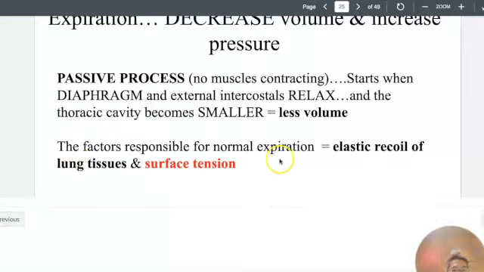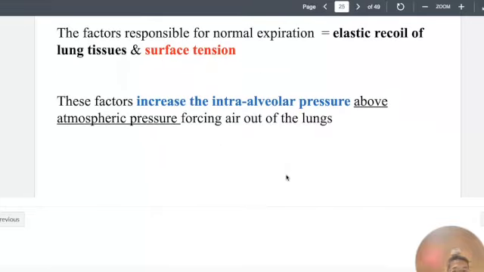The factors responsible for normal expiration are elastic recoil of the lung tissue and surface tension. The factor that increases the intra-alveolar pressure is the atmospheric pressure forcing the air out of the lung.